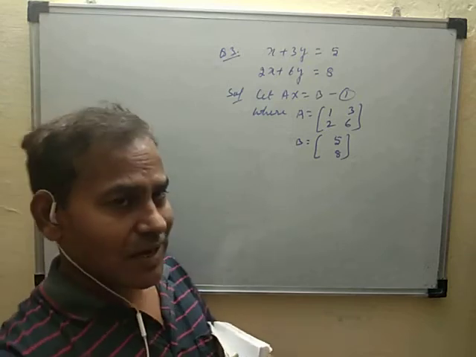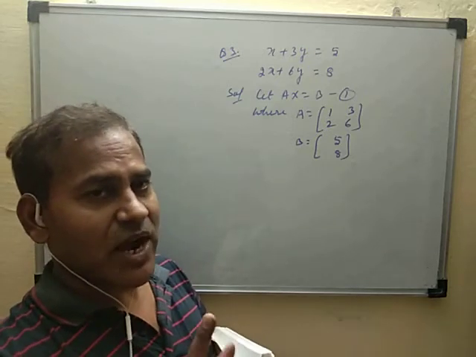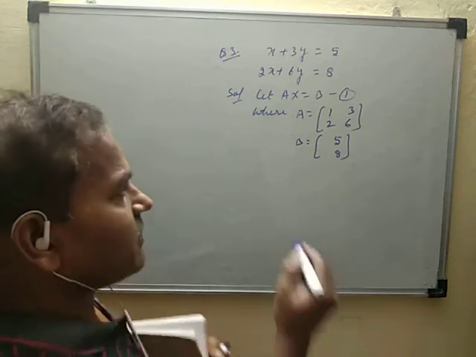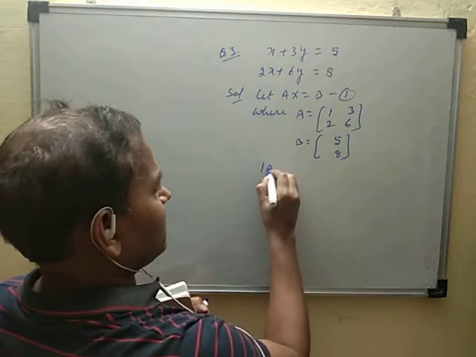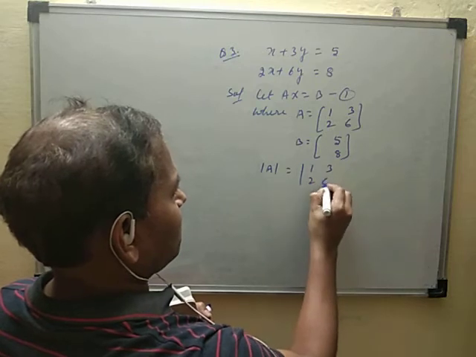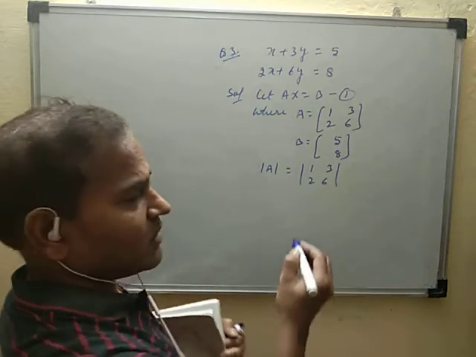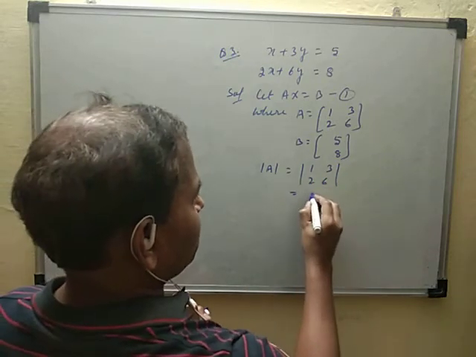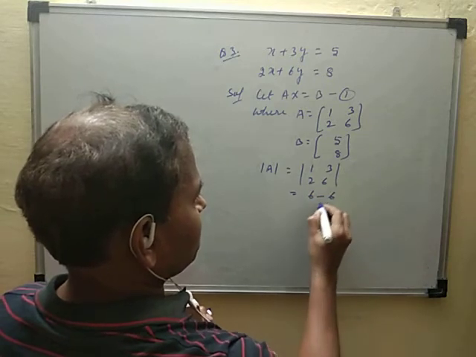So for consistency, first find the determinant of A, that is the determinant of 1, 3, 2, 6. Now cross multiply: 6 into 1 is 6, 2 into 3 is 6.